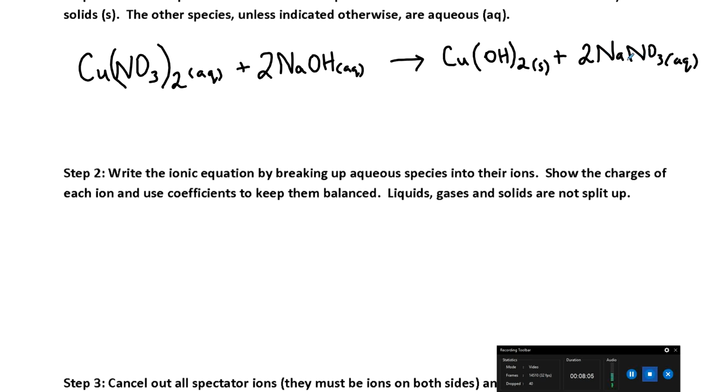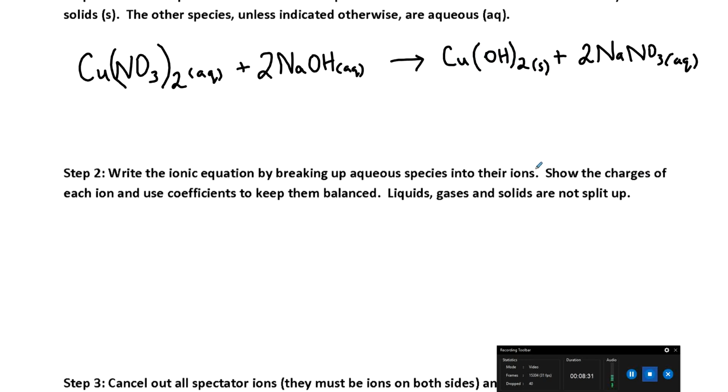So when you dissolve this one and this one, they're going to separate out into their separate ions: the copper ion and the nitrate ion, the sodium ion and the hydroxide ion. This one though, because it's insoluble, it won't dissolve in water. It won't separate, because it's not soluble. So we're going to leave the precipitate intact.